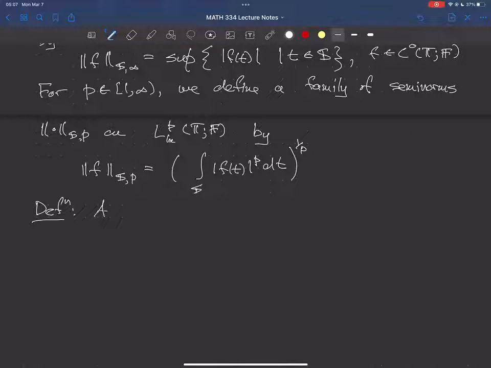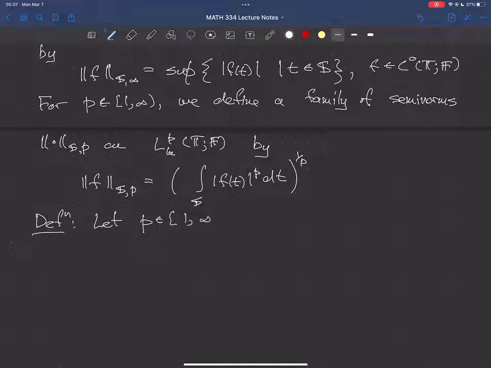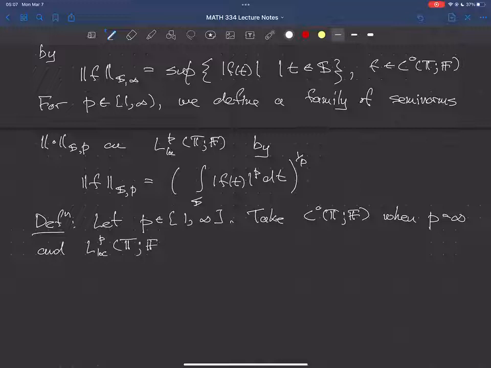So a sequence, I'm going to let p be in here, and we take C0(T) when p is equal to infinity and L^p_loc(T) when p is in [1, infinity).